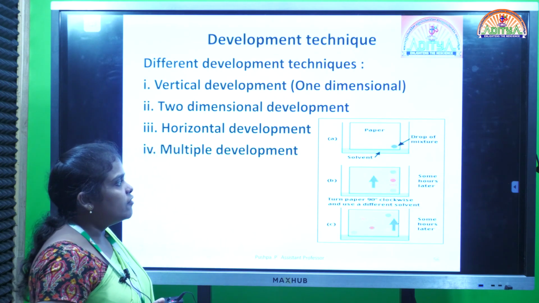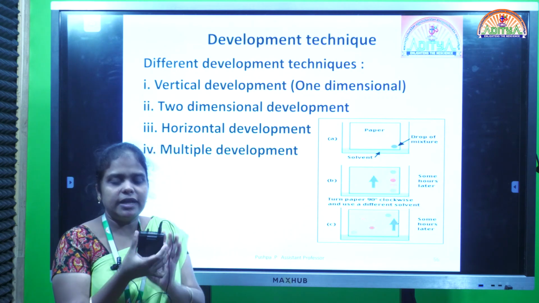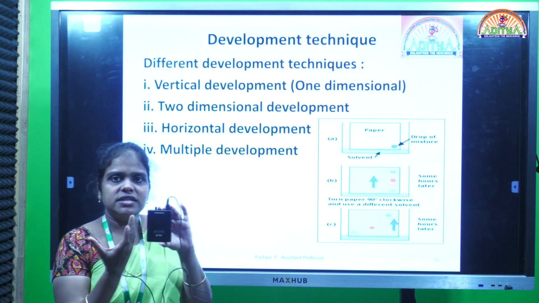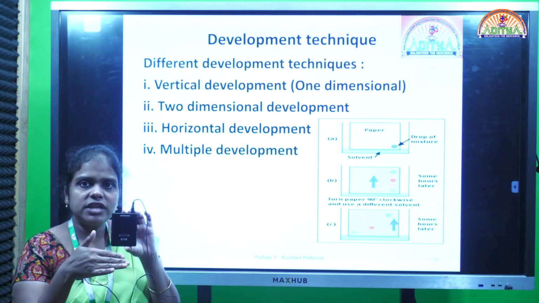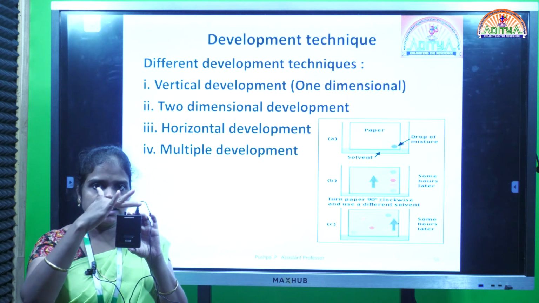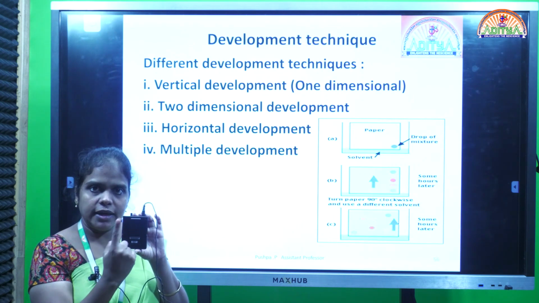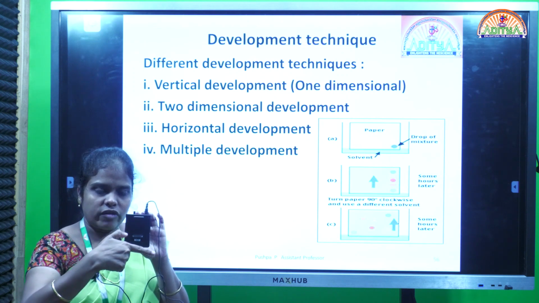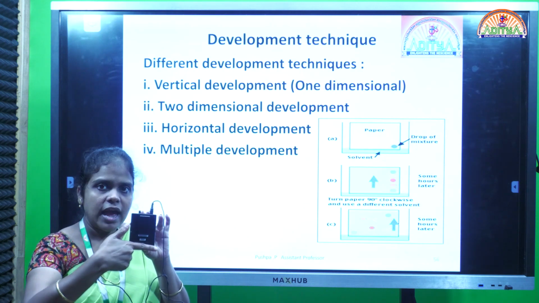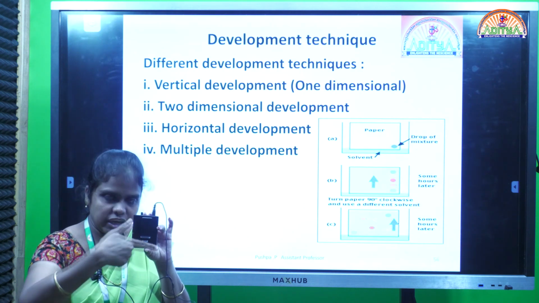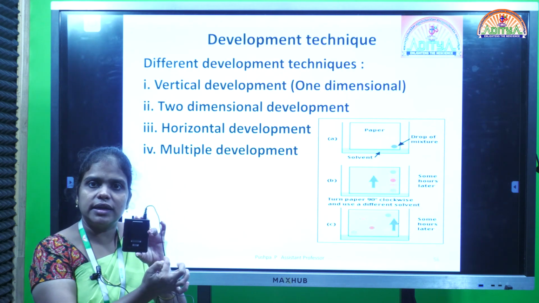Or sometimes we have to change the plate position. First of all, in this development, you can imagine that this is a development tank. In that you have kept your TLC plate like this, and elution has taken place in the vertical direction. After that, if you change the position of this TLC plate by 90 degrees clockwise, what will happen? The TLC plate will change its direction, and in this direction you keep the TLC plate, and the elution will take place in the horizontal direction.